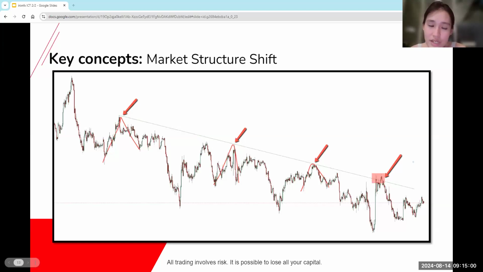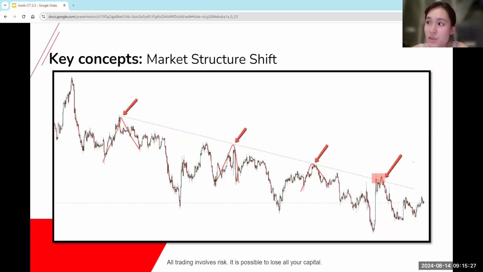This is an example of the market structure shift, since price has been moving along a descending trend line, as we see from these three arrows. But once we start to see price breaking out of the descending trend line, or any kind of momentum indicators, and we'll go through some examples of momentum indicators that you can use in a little bit.